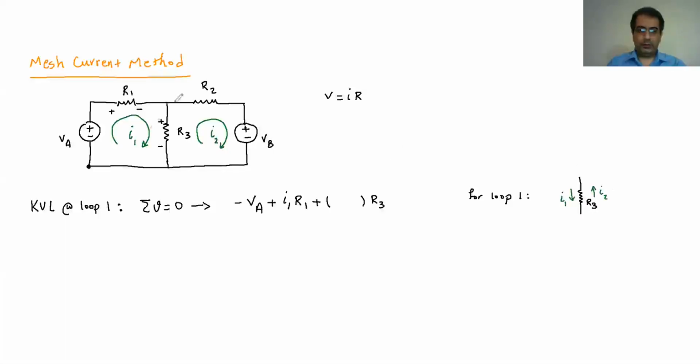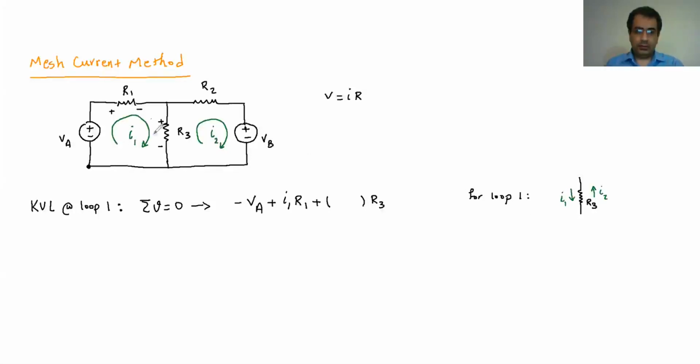If I look at the R3, the I1 is going downward, and the I2 is going upward in the R3. I'm rotating in this direction. Everything in the direction of my rotation is going to be positive. Everything against my rotation is going to be negative.